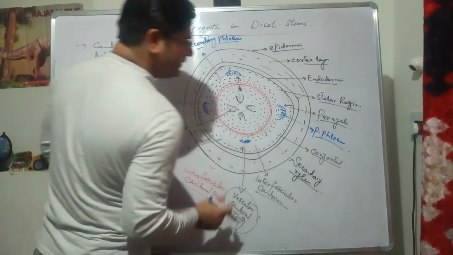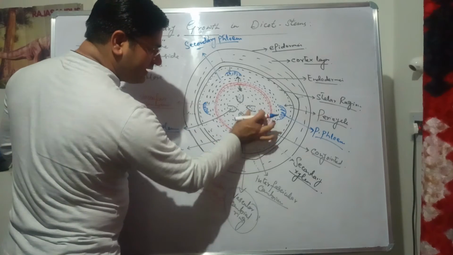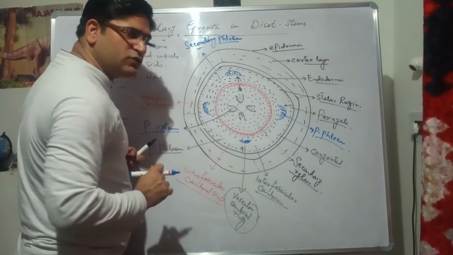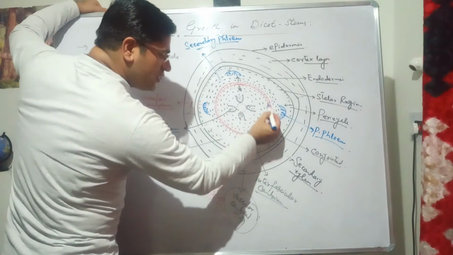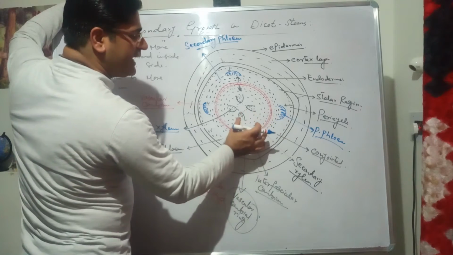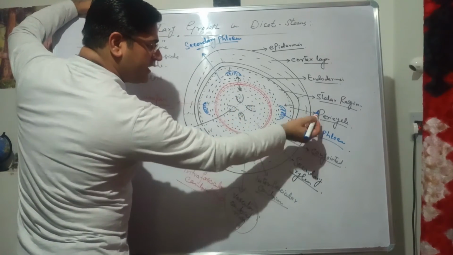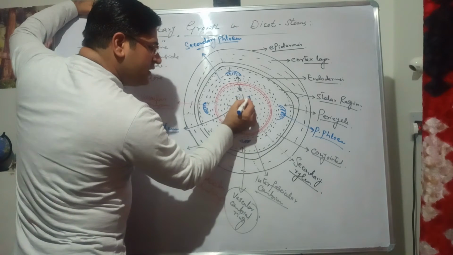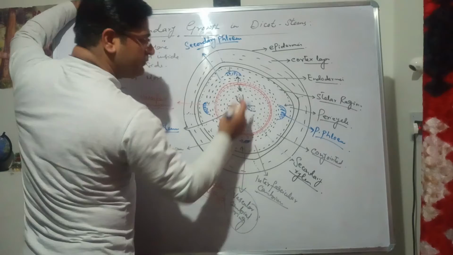So look here, earlier the primary phloem and primary xylem were close to each other within the same vascular bundle, isn't it? Now after the formation of the vascular cambium ring, this cambium ring has started functioning. It has divided cells inside and outside. So inside the tissue has been accumulated to let the formation of secondary xylem.